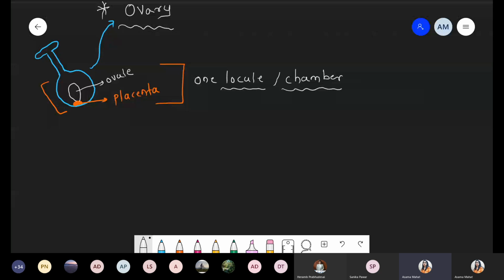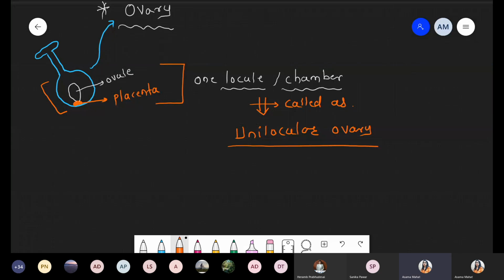And if a single locule or a single chamber is present, such a condition is called a unilocular ovary. And what is the meaning of unilocular ovary? Inside this ovary, only a single locule is present.